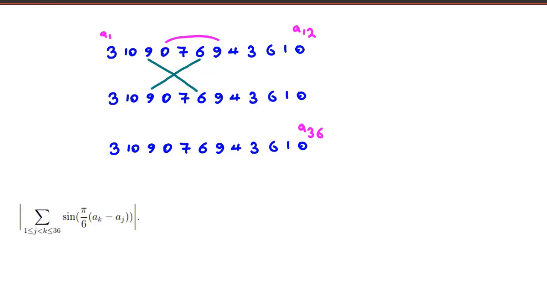And what happens in sine? We know that sine negative alpha, what's the relationship if you can imagine this circle. Sine negative alpha is negative sine alpha. Why?